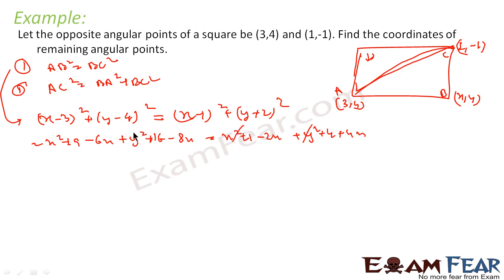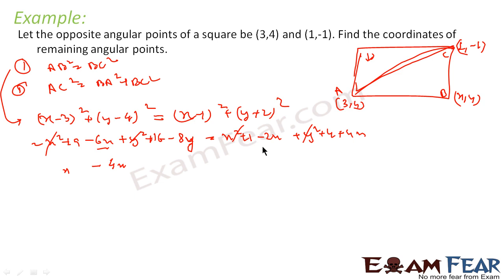x square, y square cancel on both sides. So on this side we get minus 6x, and on the other side minus 2x. So this becomes minus 6x plus 2x, that is minus 4x.